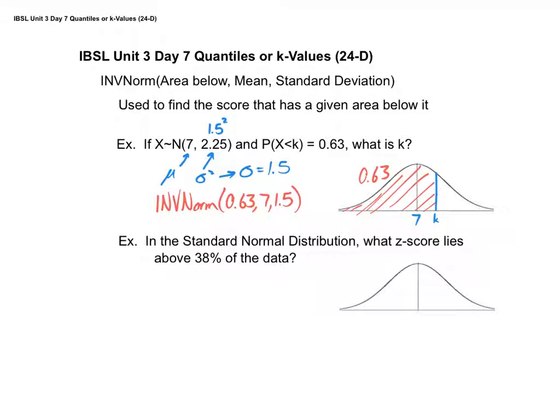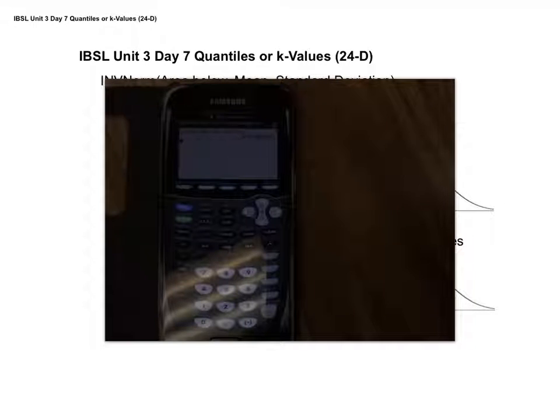Okay, let's bring this up here. Show it once. Okay, so we have second vars, and you'll see number 3 is inverse norm. Now if you have an 83, it's not going to bring up this menu for you, so you're just going to have to remember the area below comes first, then the mean, then the standard deviation.